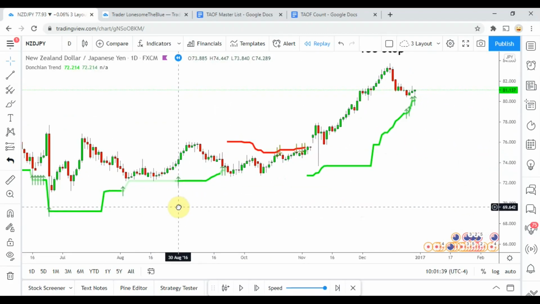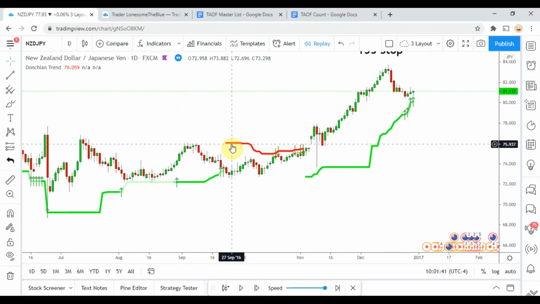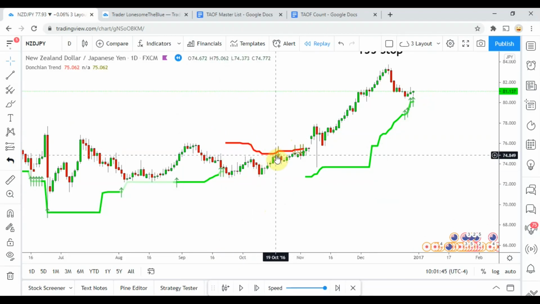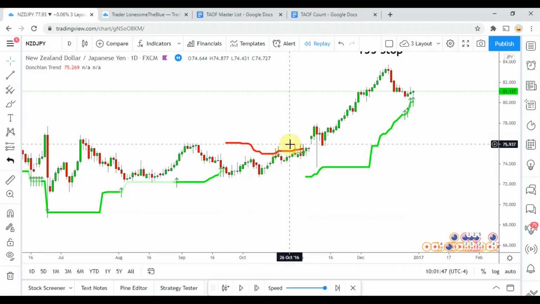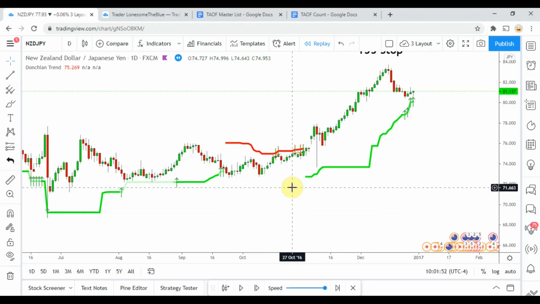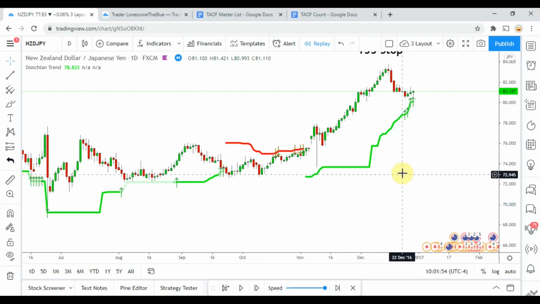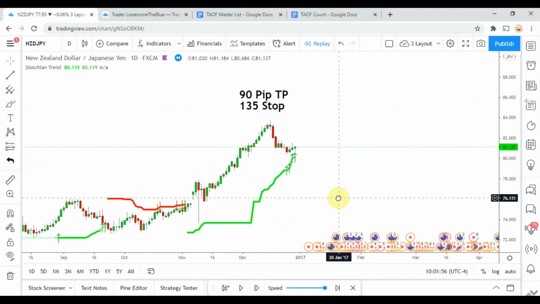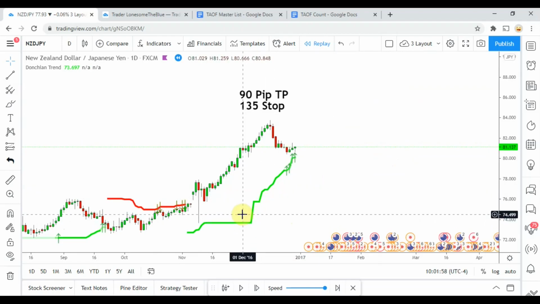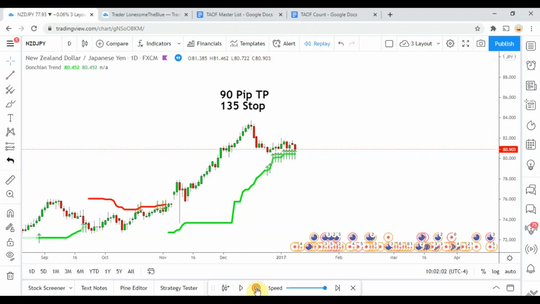And same in reverse, when there is a big red line like this and an arrow appears above one of the candles, that is an entry to then go short. And so that's how we will be testing it today. So let's go ahead and get on with the testing and see what we can get out of it.